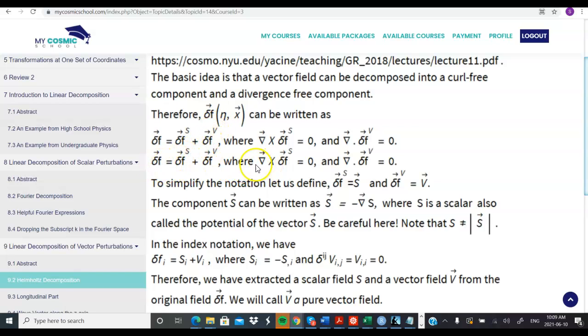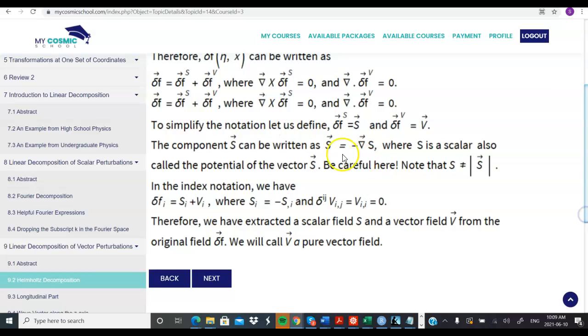Okay, but let's first look at the mathematics here. This line by mistake got repeated, but okay, let's move on to the next one. To simplify the notation, I am going to write delta f_s as s and delta f_v as v. So I am decomposing this delta f into two vectors, s and v. So delta f is equal to vector s plus vector v.